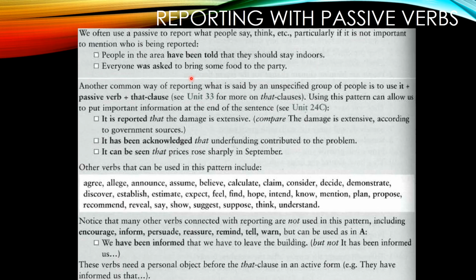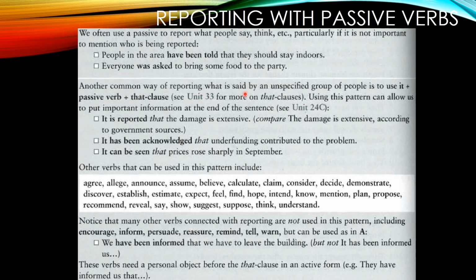And everyone was asked to bring some food for the party. Maybe we know these people who asked them to bring some food to the party, but it's not important to mention because everybody understands it. And that's why we omit the agent of this sentence.